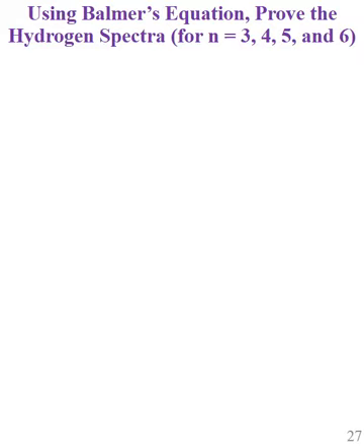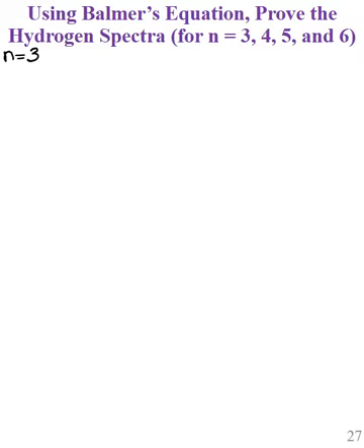Problem. Using Balmer's equation, prove the hydrogen spectra, and then for the energy levels of 3, 4, 5, and 6. Let's do the first one together. So we're going to say n is going to be equal to 3.